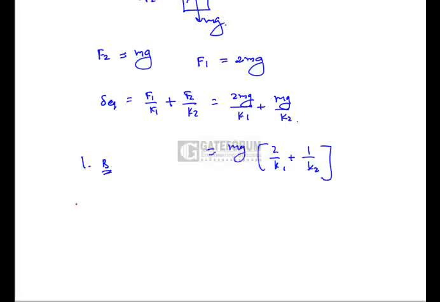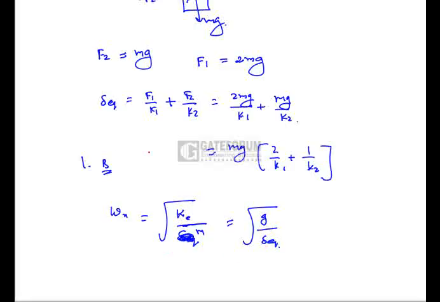Coming to the second question, find the natural frequency of the system. The natural frequency of the system is the square root of the equivalent stiffness by the mass, and the equivalent stiffness is the mass times the acceleration due to gravity divided by the equivalent deflection.